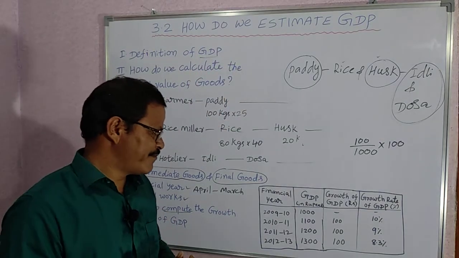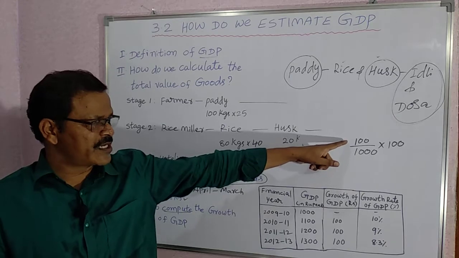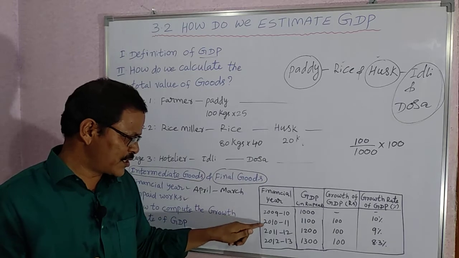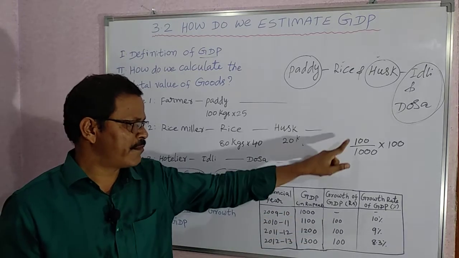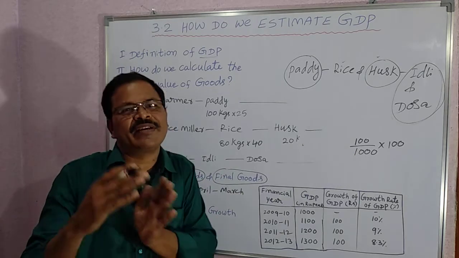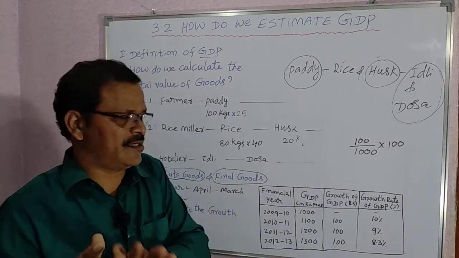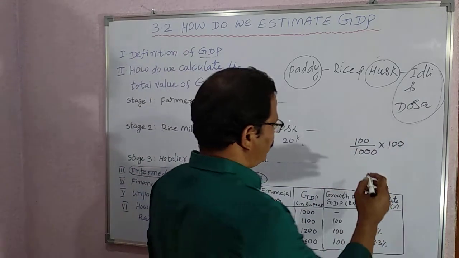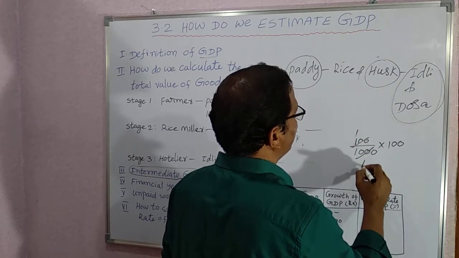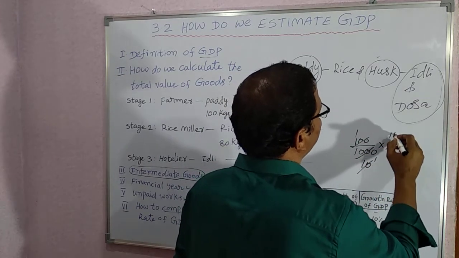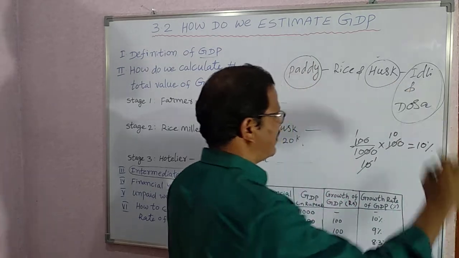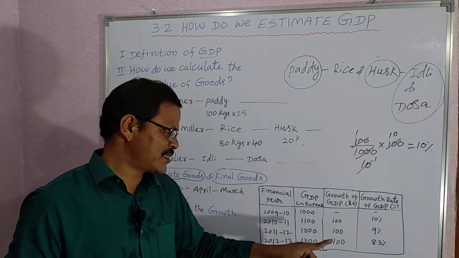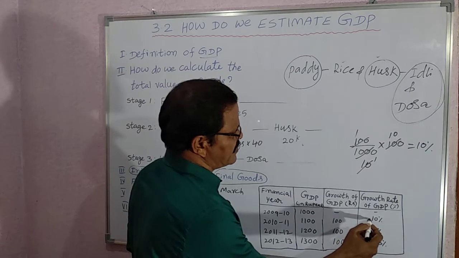Once more, the difference of the GDP of two financial years, 100, by the GDP of the previous year, 1,000 rupees, into 100, is 10%. The growth rate of GDP in 2010-11 is 10%.